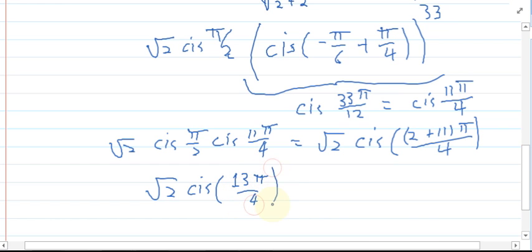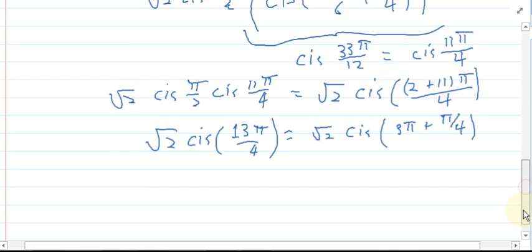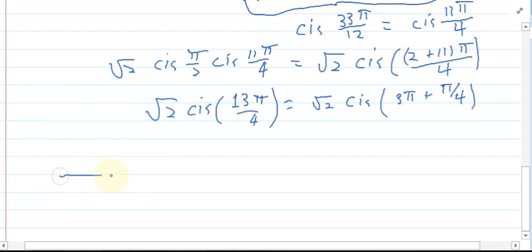Now, what is 13 pi over 4? You should think of that as 3 pi plus pi over 4. So let me just write that. Now, where is cis of 3 pi plus pi over 4? Go back to your unit circle. 3 pi is where?